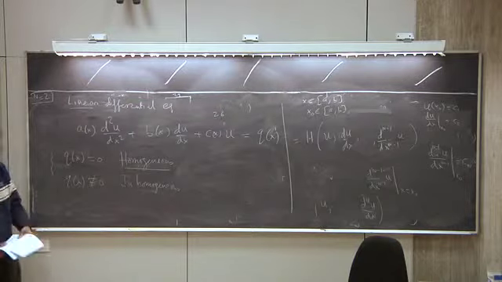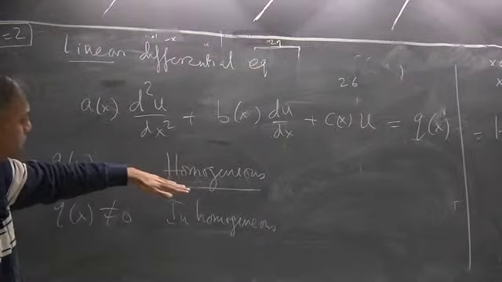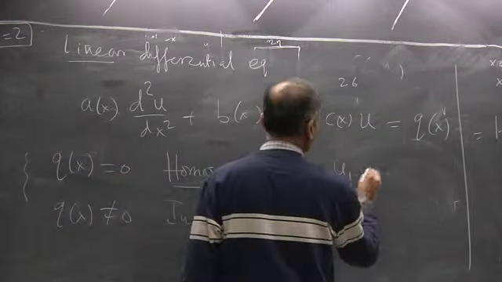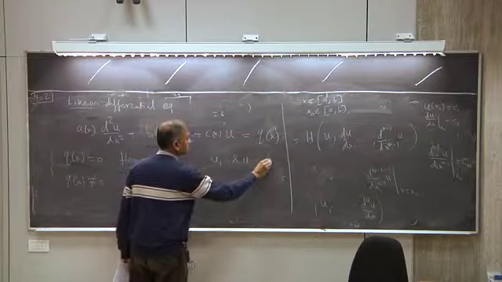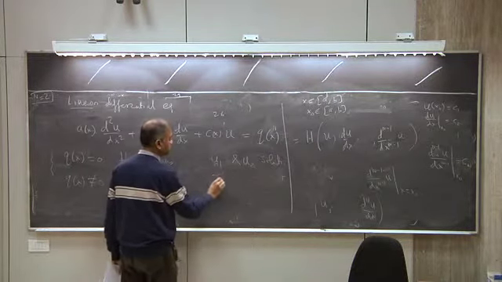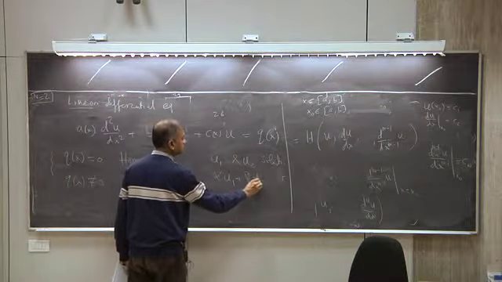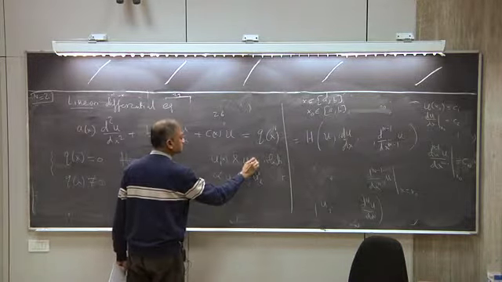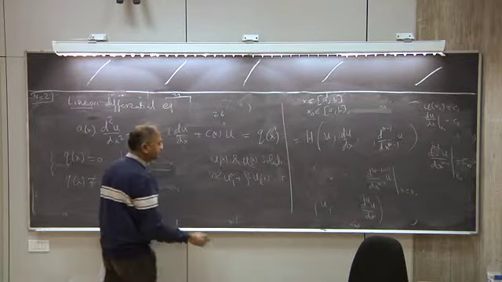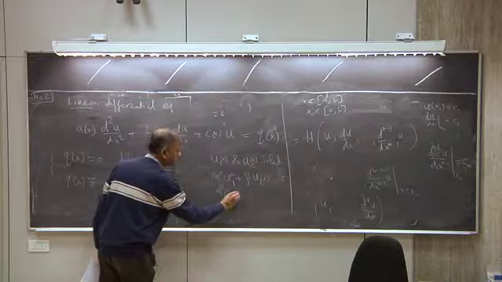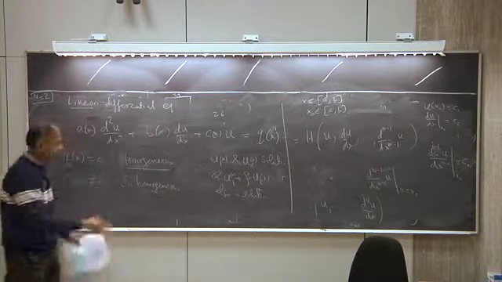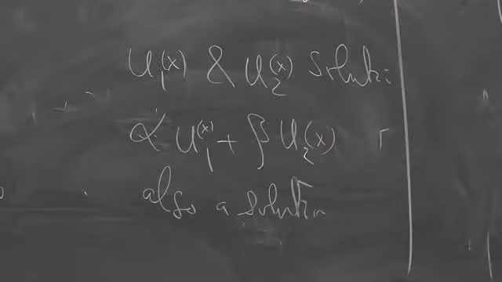So if you have a homogeneous linear differential equation, and u1 and u2 are solutions of this equation, then alpha u1(x) plus beta u2(x), where alpha and beta are constants not dependent on x, is also a solution. Obvious. That's only for the homogeneous, for q of x equal to 0.